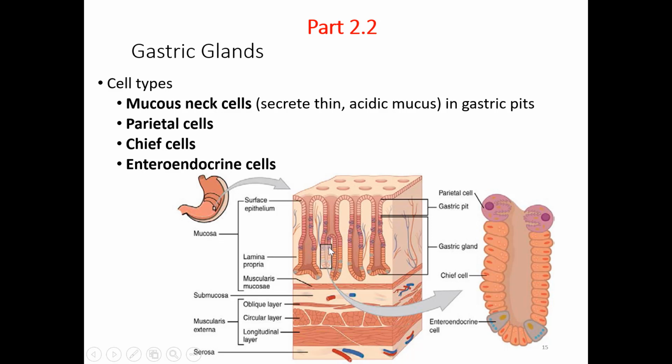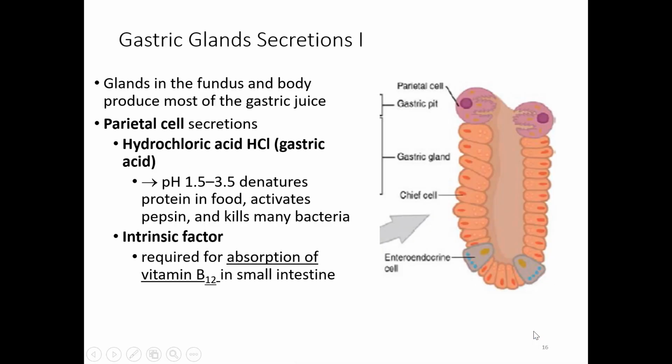The first type, deep violet cells, are called parietal cells. Then we have a lot of chief cells, and at the very bottom right here you can find what are called enteroendocrine cells.